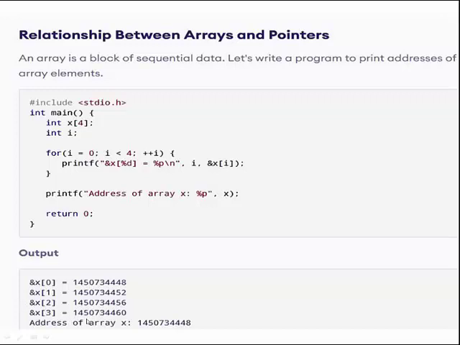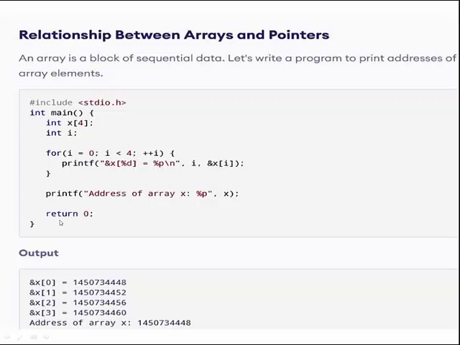Okay, guys. So in order to print the address of 4 elements of the array, we have used the printf statement 4 times. Although it has been written once, the loop will go for 4 times, and we will get that particular output. After the 4th element, the condition is going to be false, because at that point we have 4 in place of i, and 4 is not less than 4.